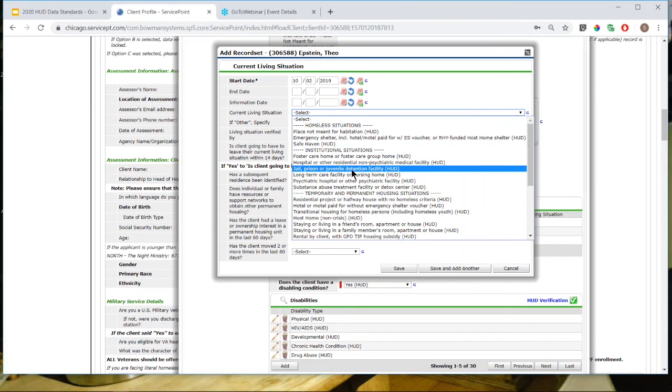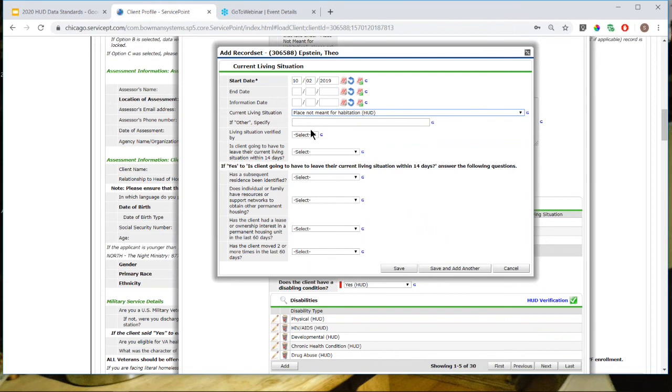So the idea is that if you're a street outreach project and you keep encountering your clients, let me take that back. Let's say you're at a drop-in center and you're working with a youth who doesn't have a consistent place to stay. So this client every time they come into your drop-in project, they're somewhere different. So maybe for a while they were in a place not meant for human habitation because they were sleeping on the CTA.